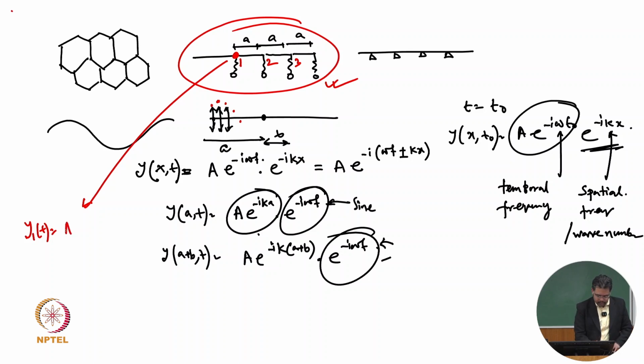So that will be a into e to the power of minus i omega t with e to the power of minus i k x, let's say that distance is x. What will be y2 of t? It will be at x plus a. Agreed?